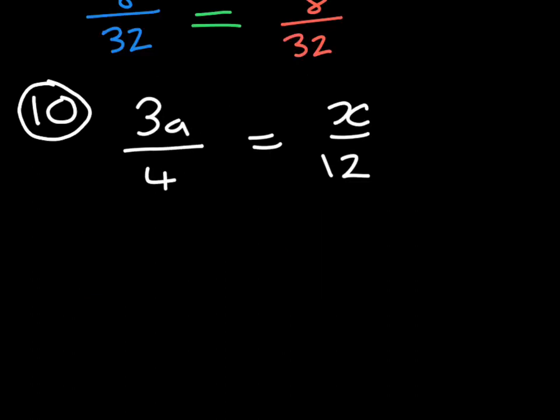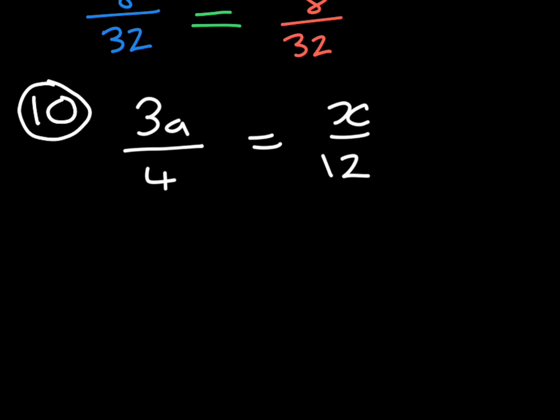For question number 10, we are asked to determine the value of x for these fractions. So as we did in the previous examples, we need to make sure that our denominators are equal. To do that, we can see that we need to turn this 4 into a 12.